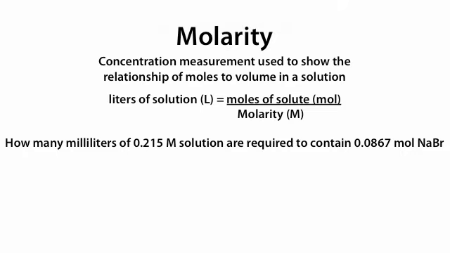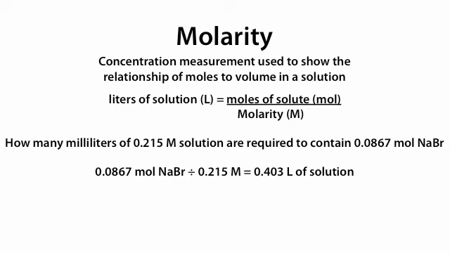We'll get our liters of solution, but we just need to add our extra step to convert it from liters to milliliters. So 0.0867 moles of NaBr divided by 0.215 molar gives us 0.403 liters of solution. Since we're asked for milliliters of solution, we simply multiply our liters by 1,000 to get 403 milliliters of solution.